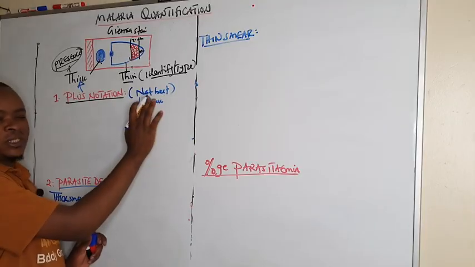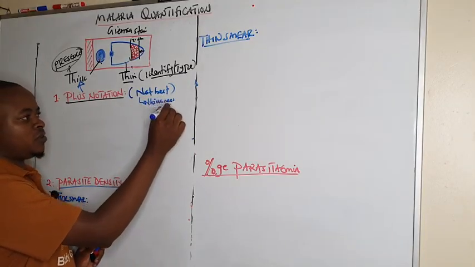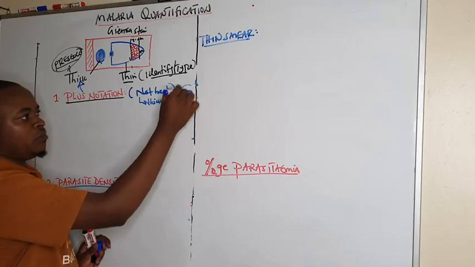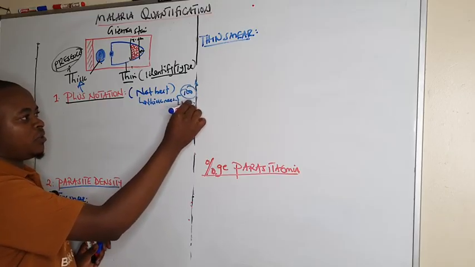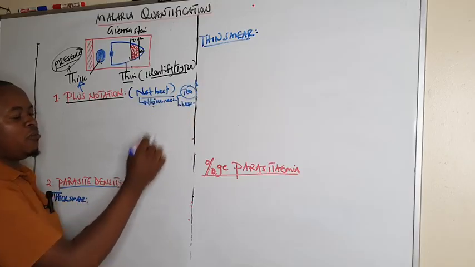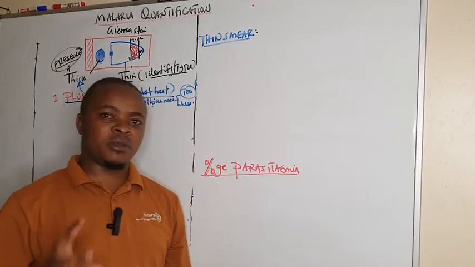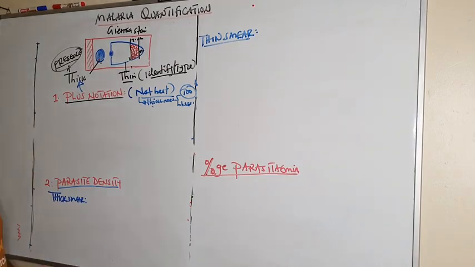It is not accurate because if the smear is too thick, you get more parasites; if it is not thick, you get fewer parasites. So it is not recommended, as it is not accurate. Yes, we use it routinely because it saves time, but it is not the best for quantification.